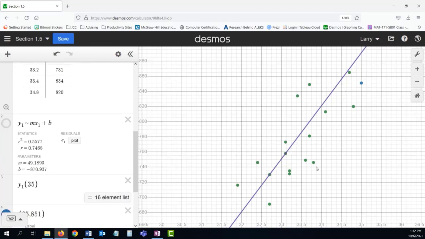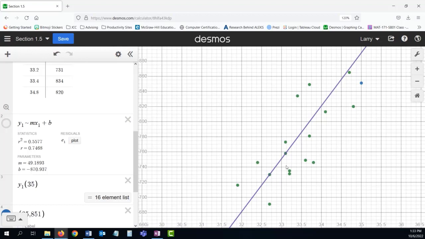This line is much farther away from this point or this point. All the points above it are much closer to it, and the points below it seem to be far away. But look at what it does. It's hitting these two points because those are the two points we used to create the line.